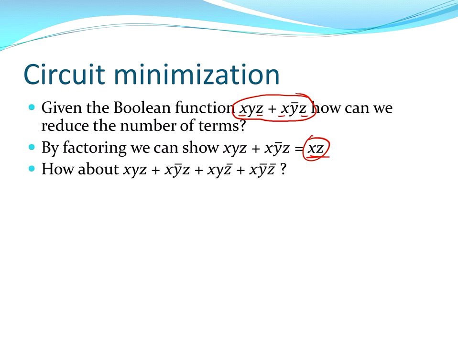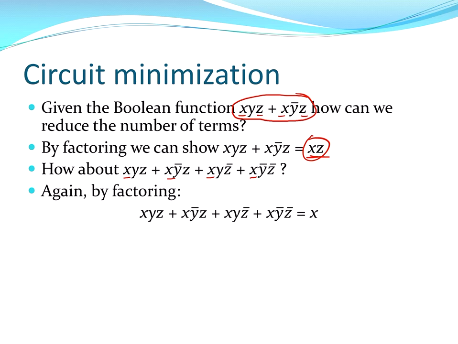How about this one? We've got 4 minterms with 3 literals each, but note that we could factor x out across all of them, and the resulting product in the parentheses would always sum to 1, which you can verify on your own, so that this sum of products is actually just equal to x, which is a nice minimization of that much larger expression.